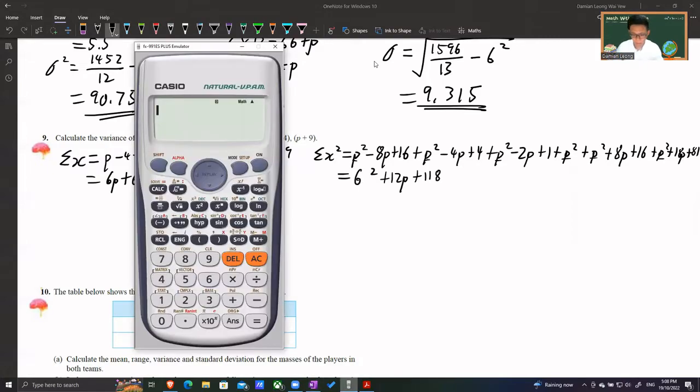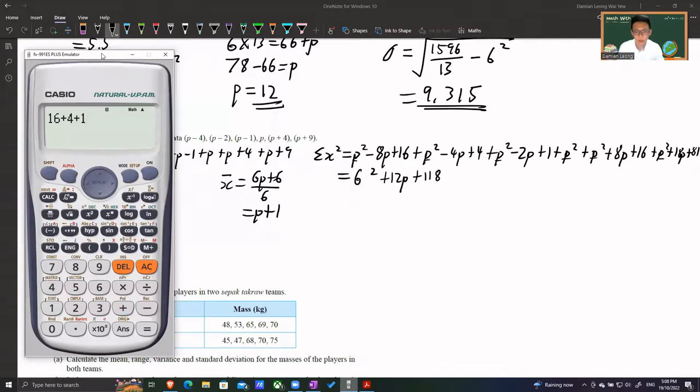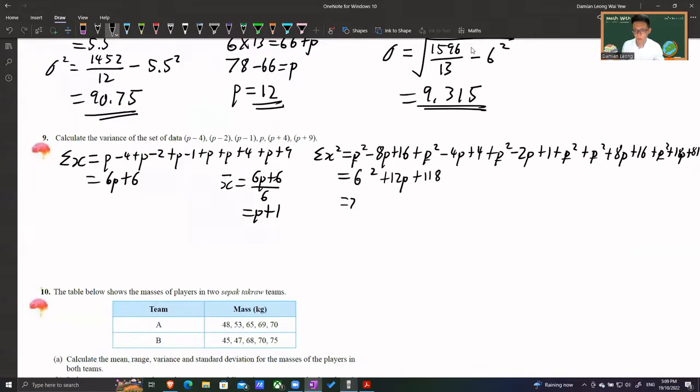Let me count again. 16 plus 4 plus 1 plus 16 plus 81. If I factorize 2, 3p squared plus 6p plus 59. Right.